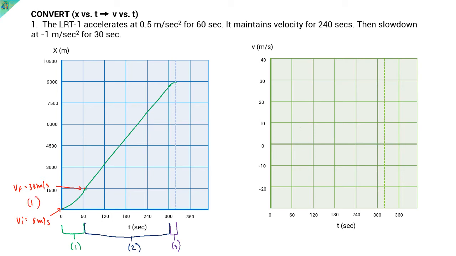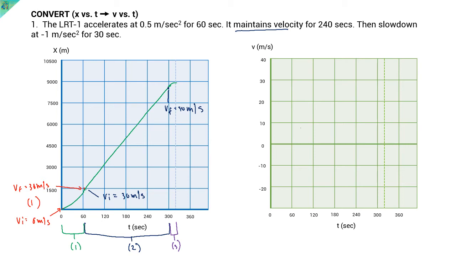Now, for situation number 2, we understood that the initial velocity of situation number 2 is actually the final velocity of situation number 1, which means that this should also be 30 meters per second. And then it maintains velocity, which means it doesn't change throughout this duration. And then at the end of this one, the final velocity would also be 30 meters per second.